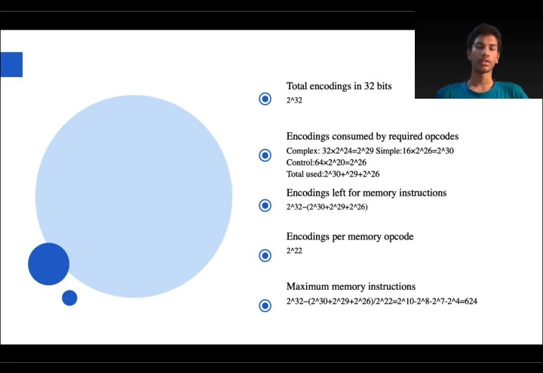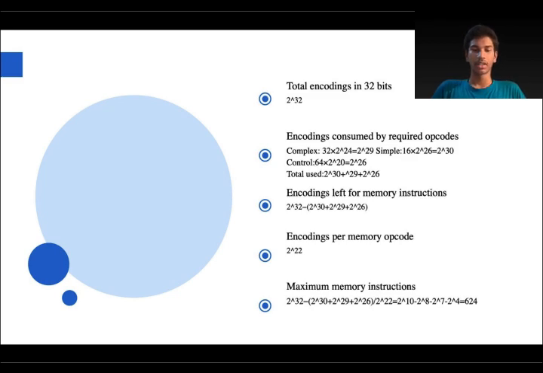Now coming to control instructions, it is 256 into 2 power 12, where 256 represents one register, which gives 2 power 20 per opcode, and we have 64 such opcodes. So totally 64 into 2 power 20, which is 2 power 26 instructions. And finally, for memory instructions, it is 256 squared, which represents 2 different registers, and 2 power 6, which gives 2 power 22 per opcode.